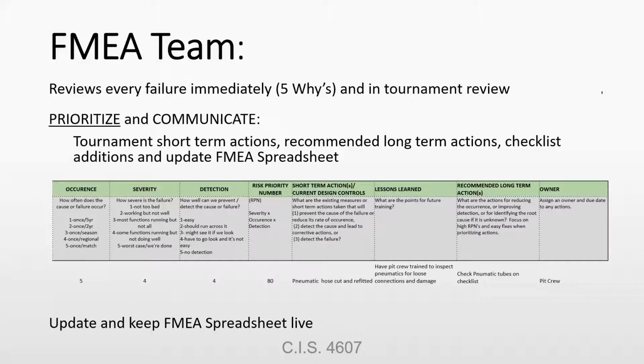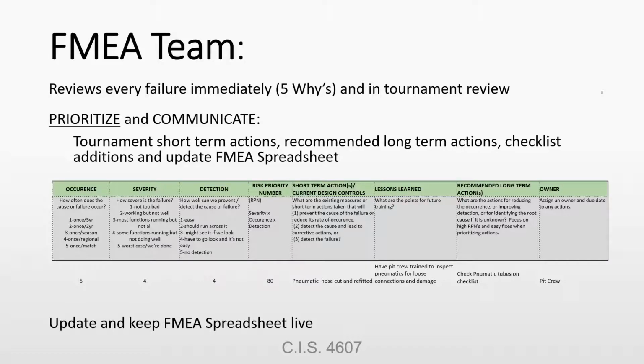So our FMEA team reviews every failure immediately, asking 5 whys. And in the tournament review, this is a summarization of really what our FMEA team does. We communicate, we prioritize, and communicate.